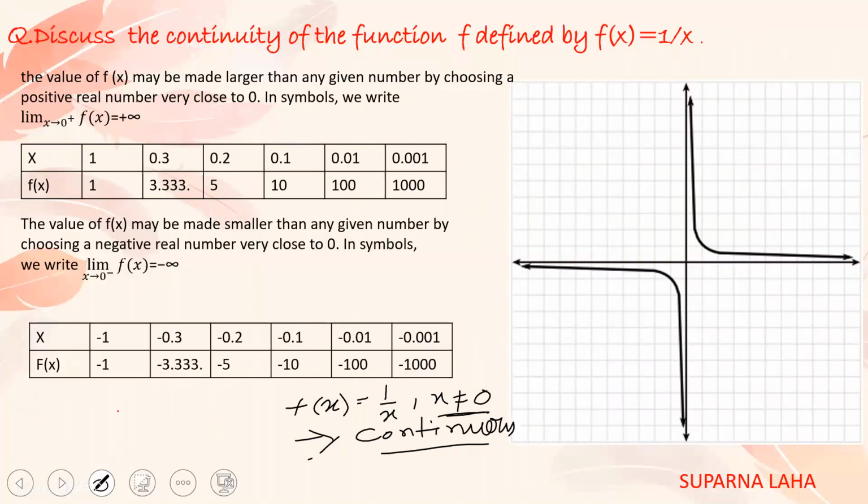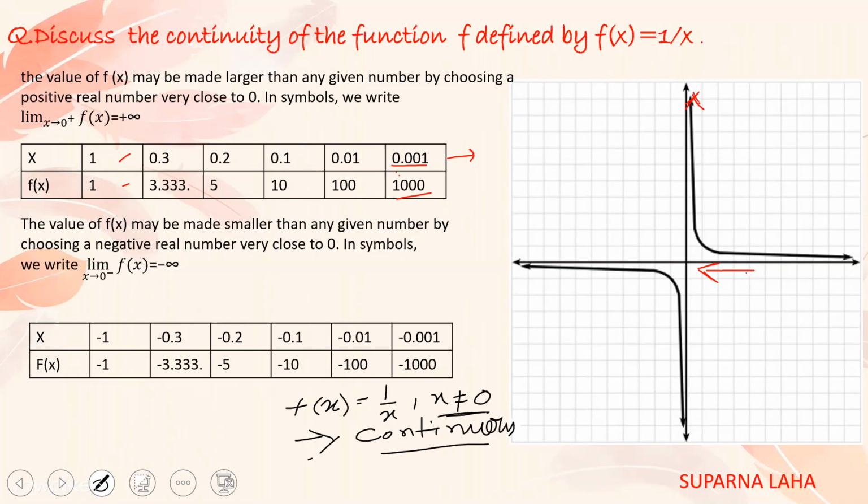I'm moving from the right hand side to 0. Look, the value will always go upwards. Here you can check, if x is 1, the value is 1, and if we decrease the value of x, here it is 0.001, then the functional value is 1000. So it is always moving upwards.